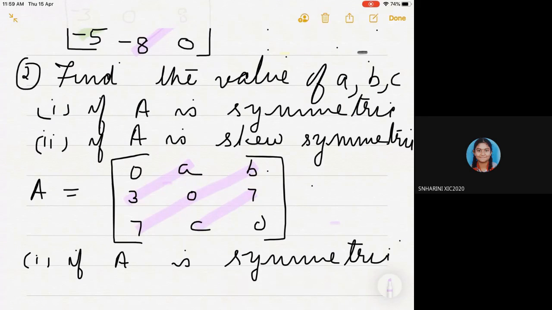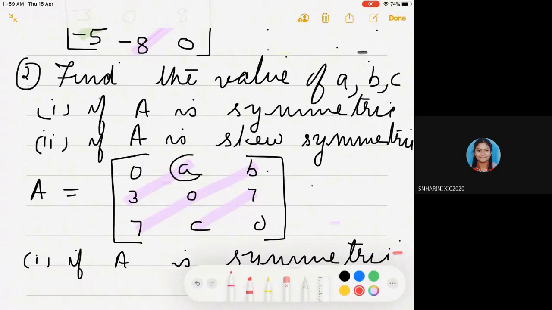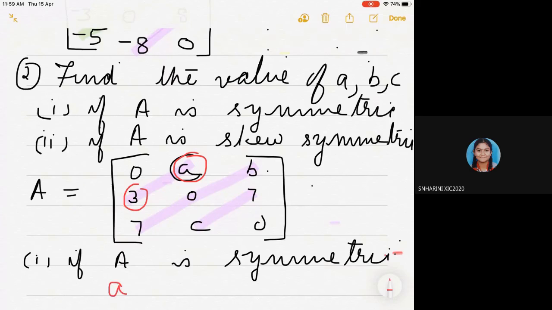In symmetric cases, A must be equal to 3, and B must be equal to 7, and C must be equal to 7. That is also 7.